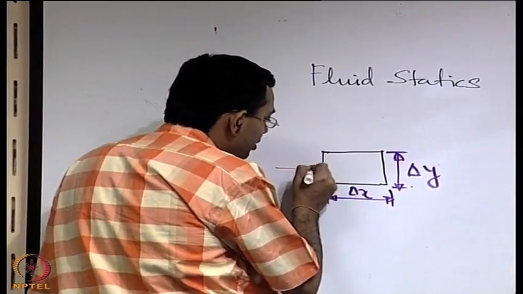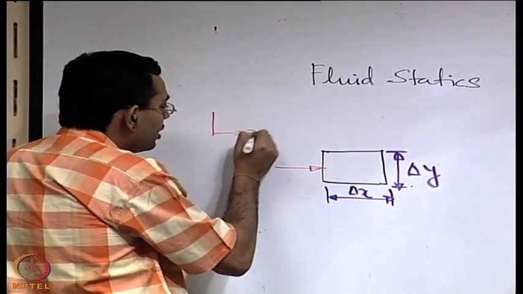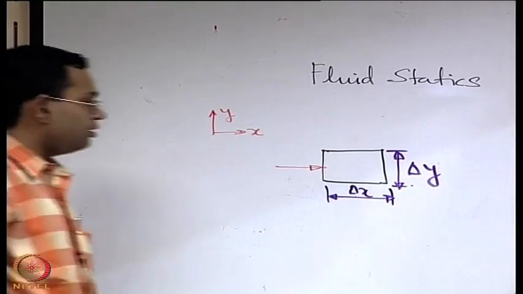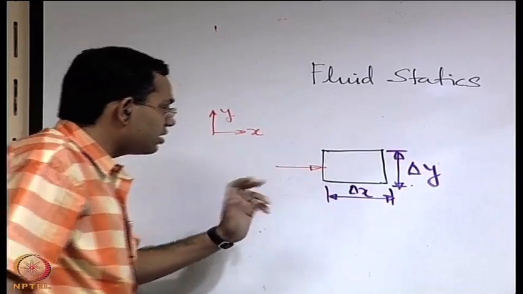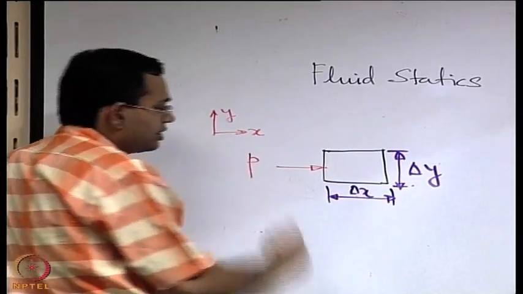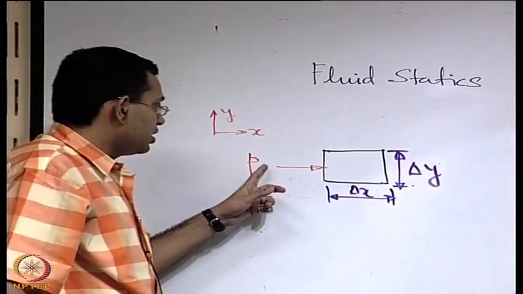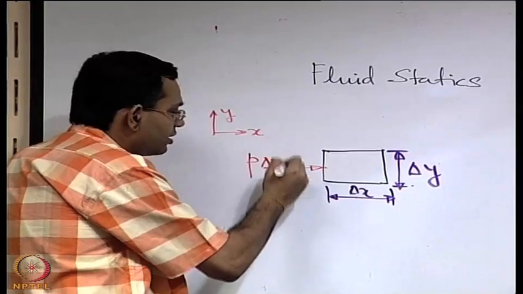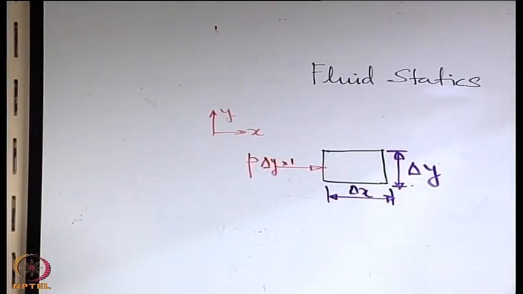Let us say that we are only writing forces along the x direction, just for simplicity. Similar equations will be valid for the y direction. When you have the left face under consideration, let us say that P is the pressure on the left face, and the force corresponding to that is P into delta y into 1, which is the width of the fluid element.